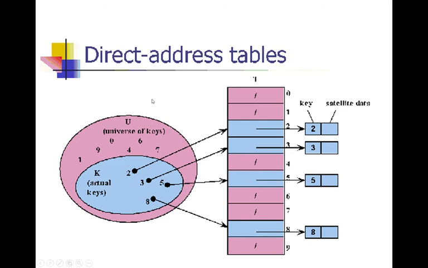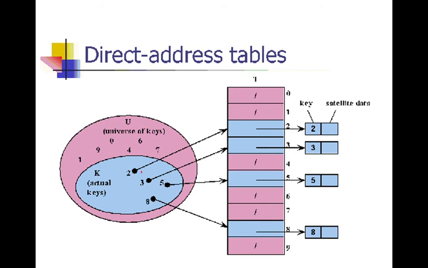So if you see here, the problem is shown pictorially. This pink oval shows the universe of keys, but this blue oval shows the actual keys which are to be stored.